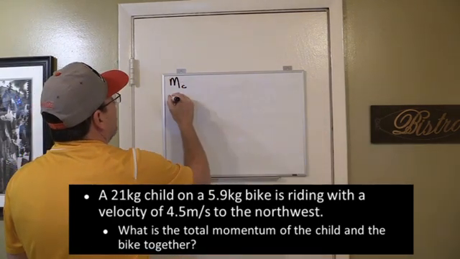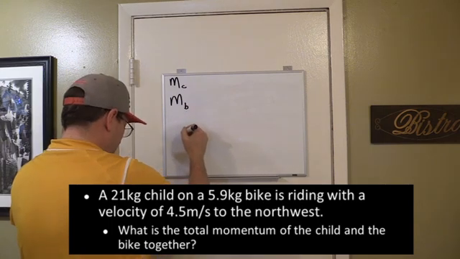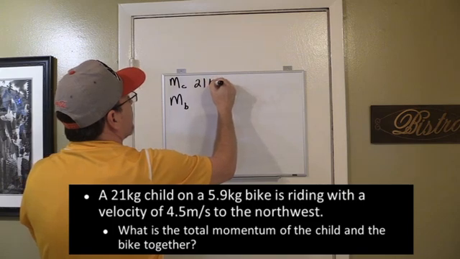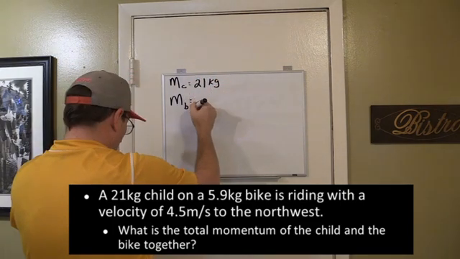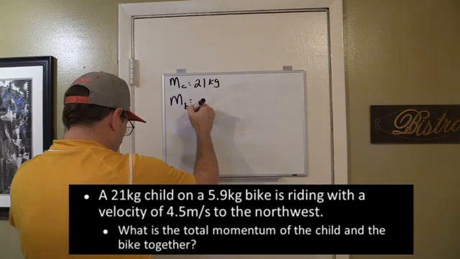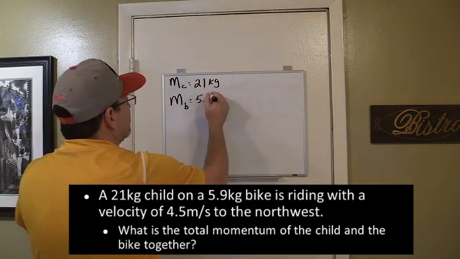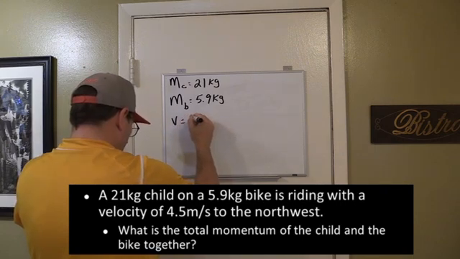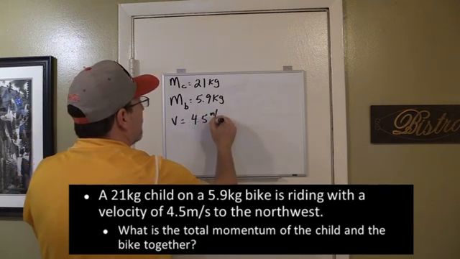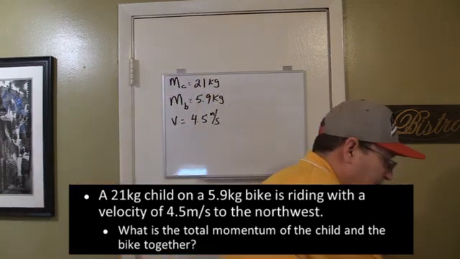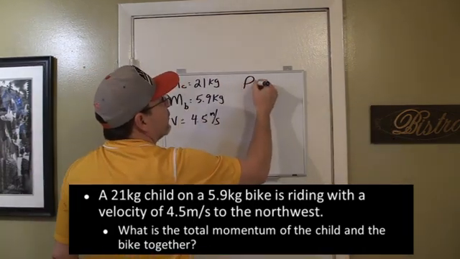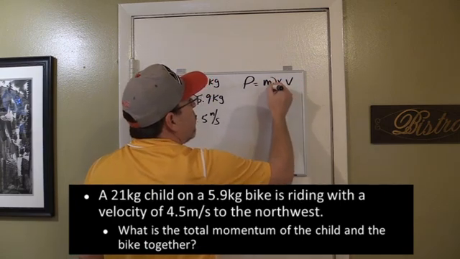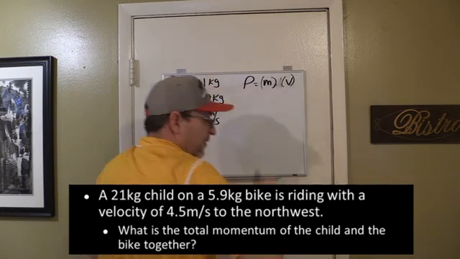So I have mass of child, mass of bike. So the formula we're going to use, rho is equal to mass times velocity.